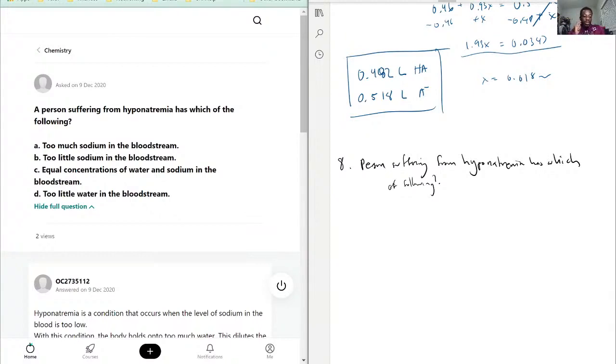I know you may be able to see the answer down there, but the options they give us are too much sodium in the bloodstream, too little sodium in the bloodstream, equal concentrations of water and sodium, and too little water.